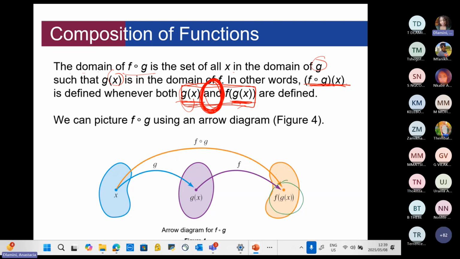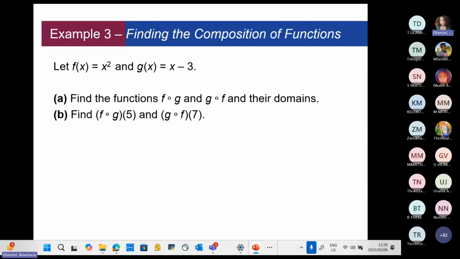So let's continue. Oh no, this is not a good example, because it's easier. Let's start with the easier one, ma'am, then we're going to go to the difficult one. Okay, so now we have f of x.